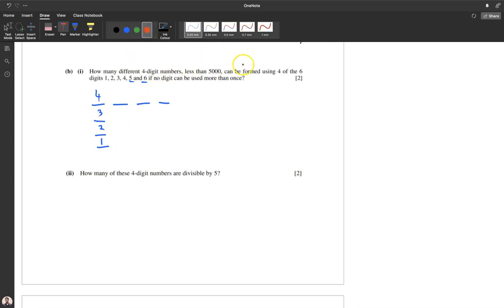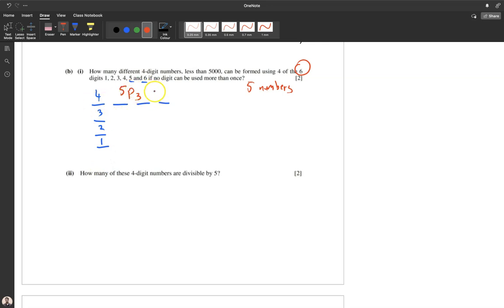We have a total of 6 digits that are given. I've already chosen 1 digit, so I'm left with 5 numbers to choose from. I only need 1, 2, 3. Therefore, 5P3. Why do I use P? This is arrangement.